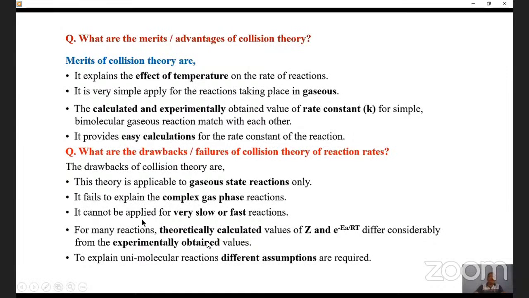This theory cannot be applied for very slow or very fast reactions. The next drawback is that for many reactions, the theoretically calculated value of Z and the Boltzmann constant differ considerably from the experimentally obtained values.